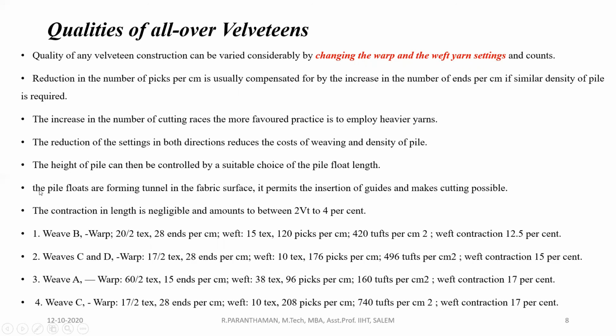Then the pile floats form tunnels in the fabric surface. It permits the insertion of guides and makes cutting possible. So based on the pile length, we can form the tunnel to insert the knife and cut the piles. The construction details are as follows.